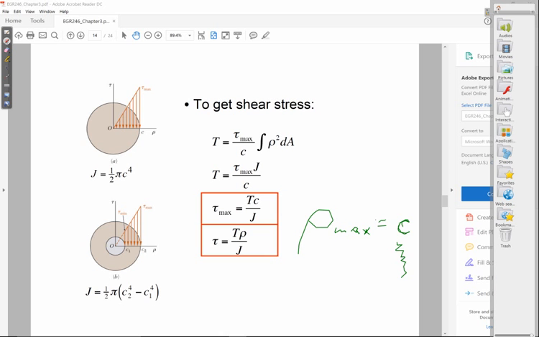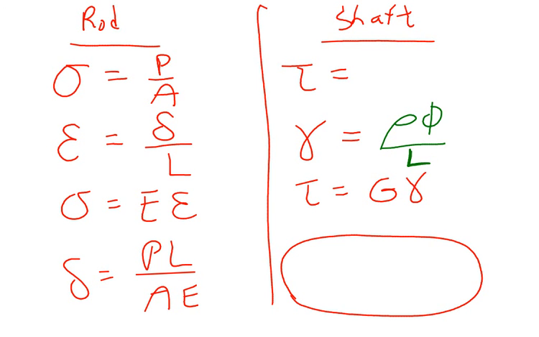All right, so what is J in this equation? Let me just write that here. This is torque, T, times rho over J. So T is the amount of torque you're applying. And torque, just to remind everyone, is nothing more than a moment.